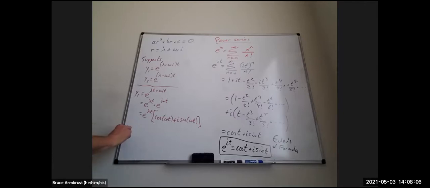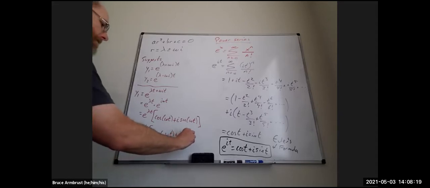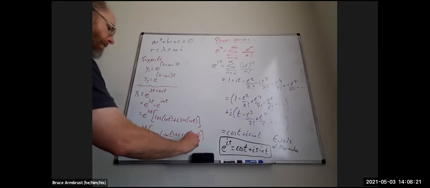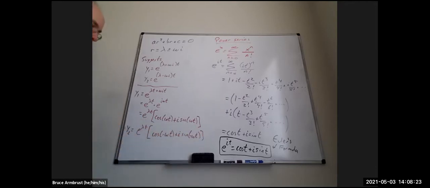And then y2 is going to be virtually the same. It just needs a minus omega t in each of those, right? Because it's a minus omega it.